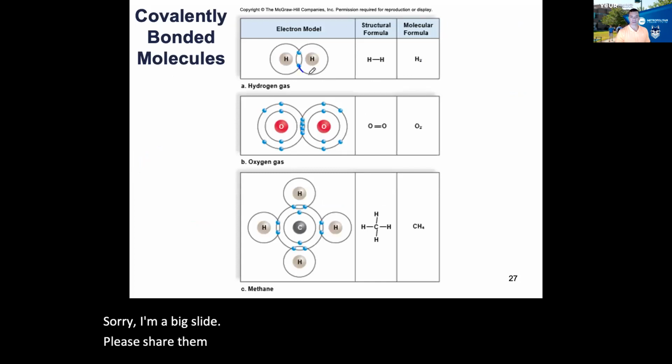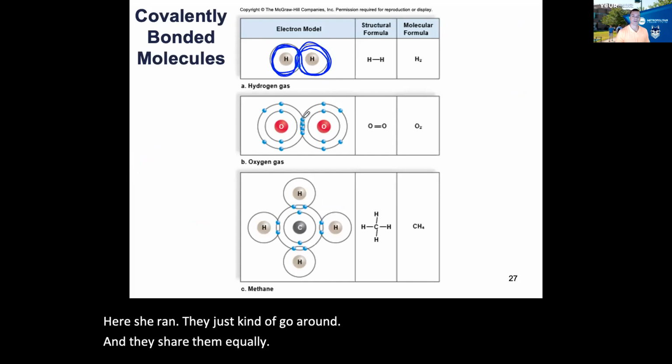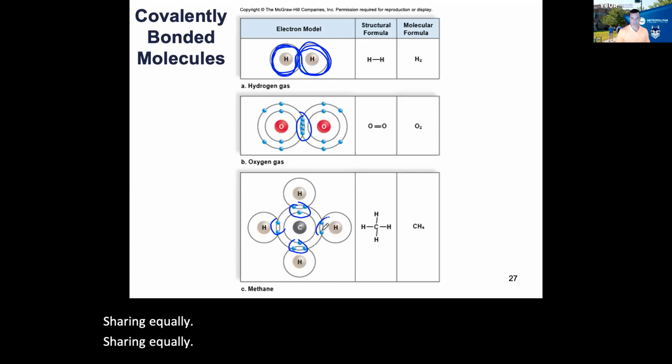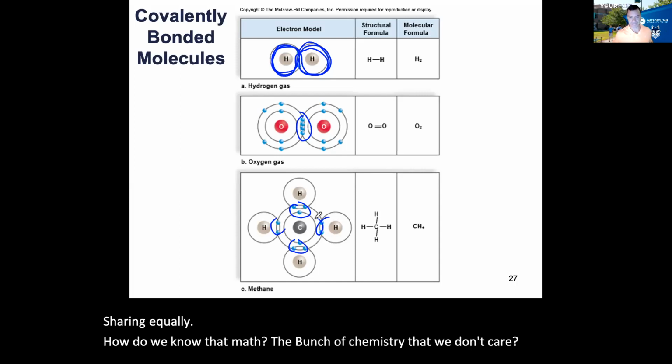They go around and they share them equally. How do we know that? Math and a bunch of chemistry that we don't care about.